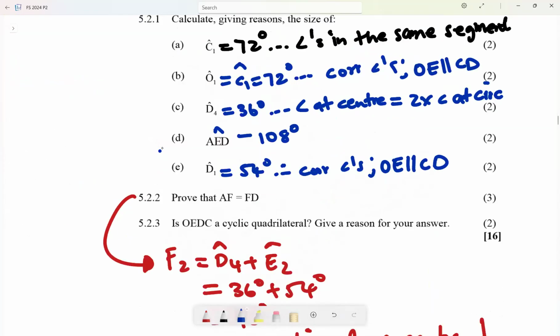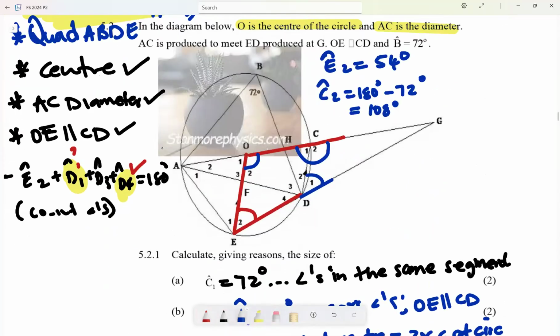Let me see. OEDC. Oh, I get 108 instead. And the E2 is a half of that. So, no. Or, without even wasting my time, I could have checked if C1 plus E2 give me 180.